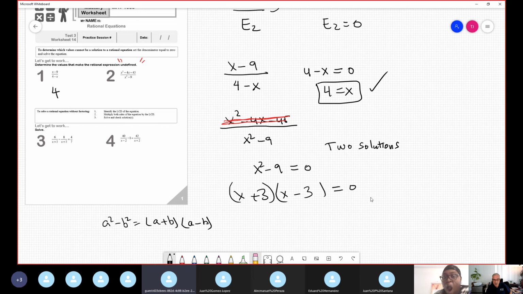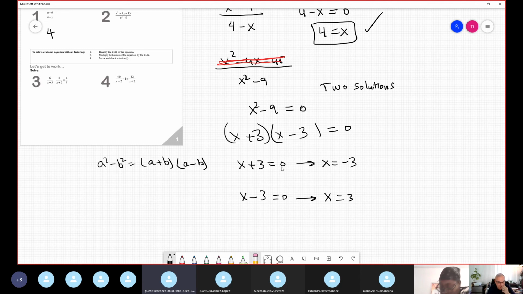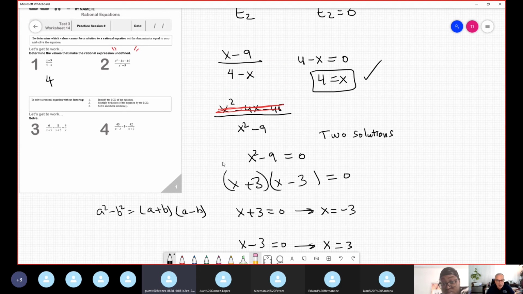And now you apply the zero factor property. When the product of two factors is equal to 0, it's because the first factor is 0 or the second factor is 0. That means one solution is negative 3 and another solution is positive 3. And we have 2 values that make this rational expression undefined, positive 3 and negative 3. The order doesn't matter.